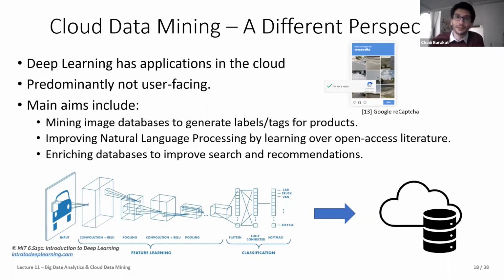And if you've ever encountered one of these things, as I'm sure almost everyone has, this is one of these approaches where there is cloud data mining happening. If you don't know, the outputs of these "Are you a human?" reCAPTCHA things were used to train the AI that Google applied in their self-driving cars.